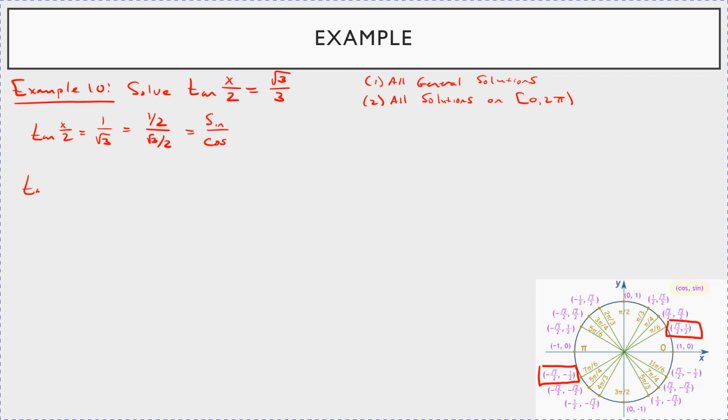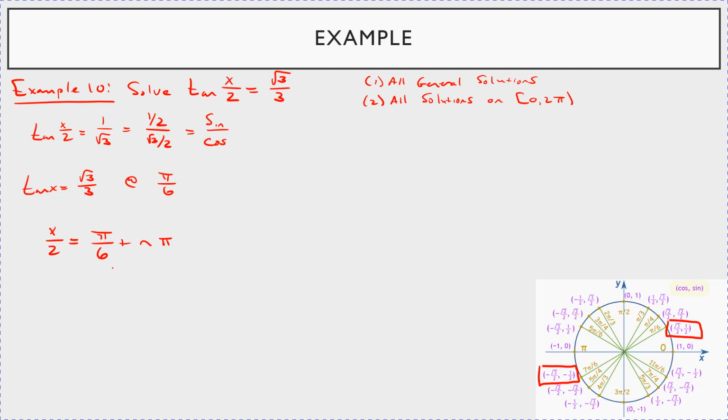So tangent of x is equal to the square root of 3 over 3 at pi over 6. So what you're going to do is you're going to take this x divided by 2 and set it equal to pi over 6 plus n pi. Okay, you don't need to do the 7 pi over 6 because that's when n is equal to 1.